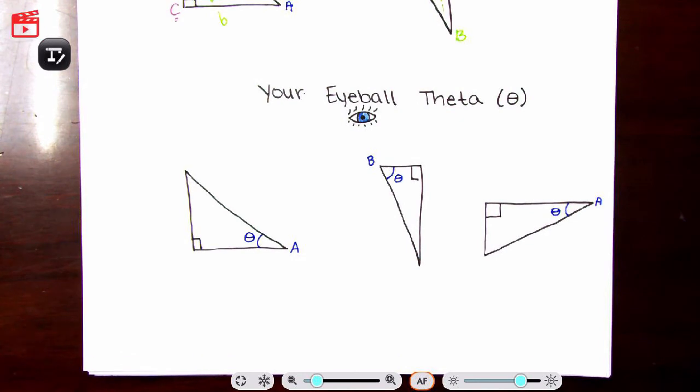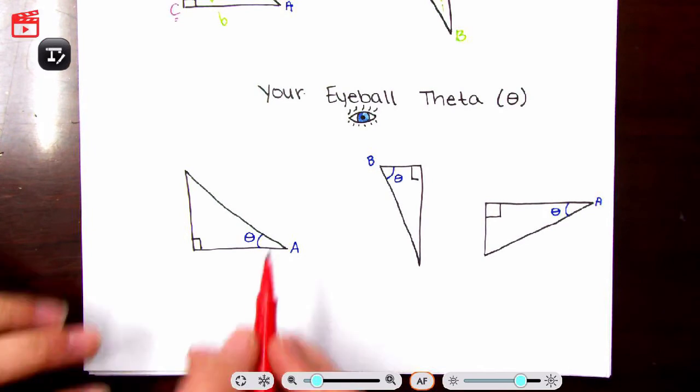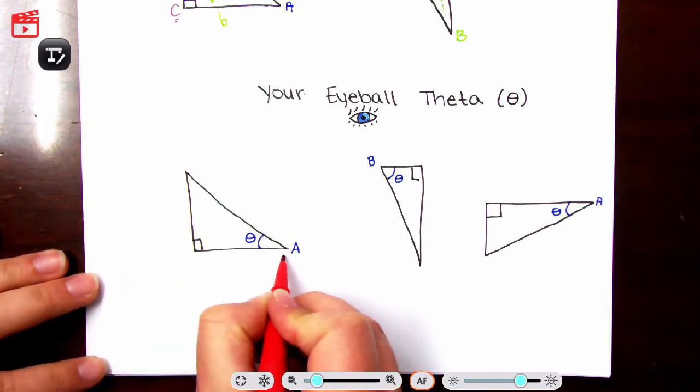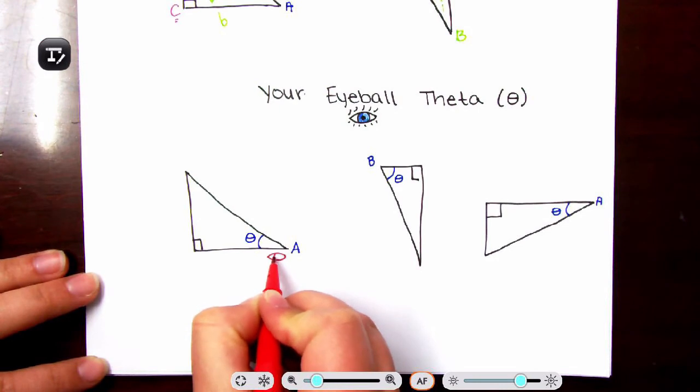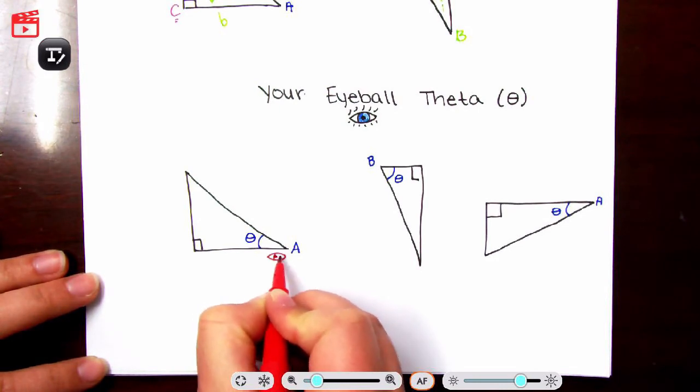So why does this matter? The theta, the eyeball, tells you whether you're opposite or you're adjacent to a side. So if, for example, our theta is here, this is your eyeball. Let's draw the eyeball like that. The eyeball's looking.